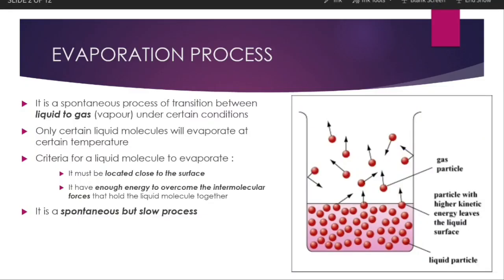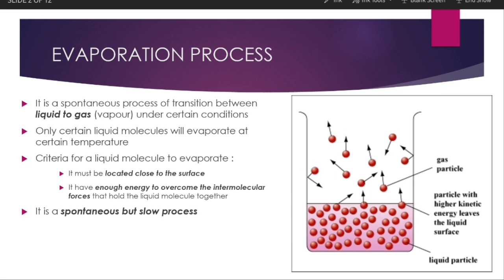So we are going to talk about the evaporation process. The evaporation process is a process of transition from liquid molecules to gas molecules. For your information, this process is spontaneous, where it can happen at any temperature.